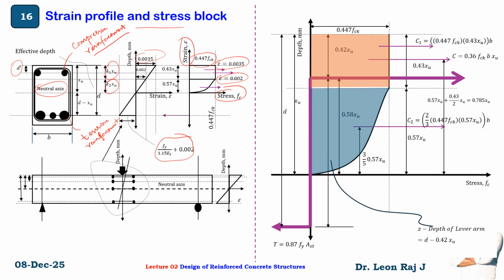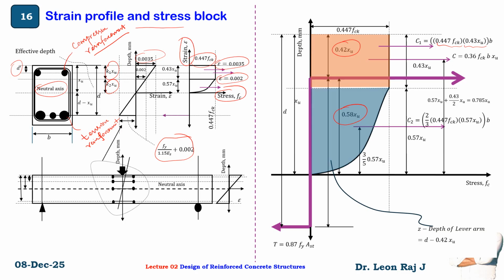The force acting on the rectangular portion is 0.447 fck into 0.43 Xu. How did we arrive at K1, K2? That I have detailed in lecture 1.